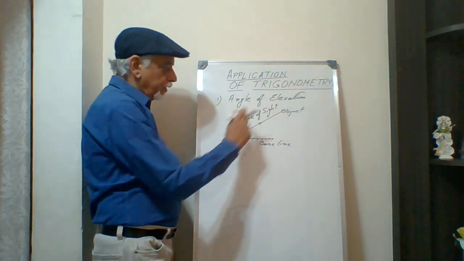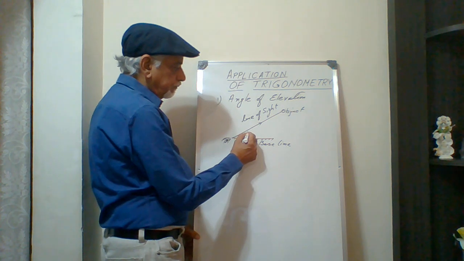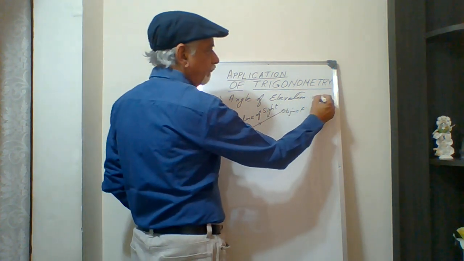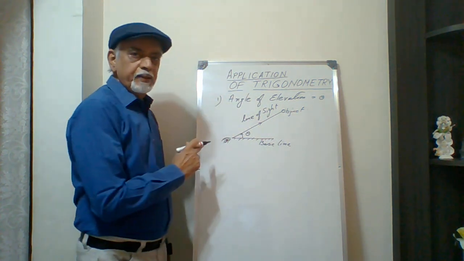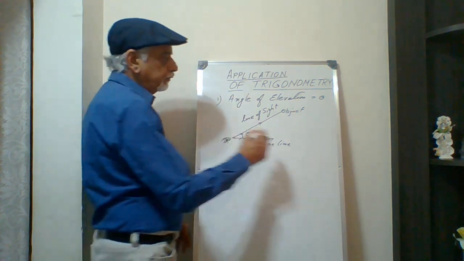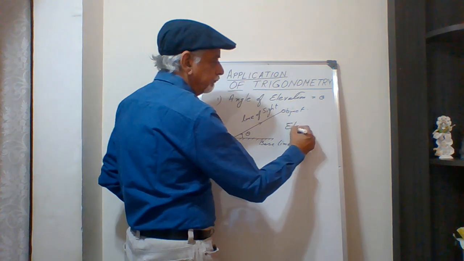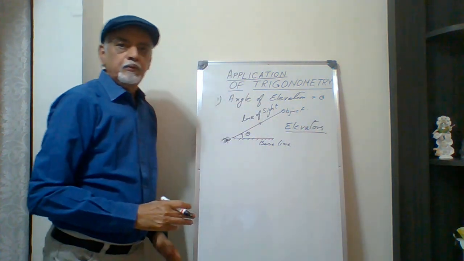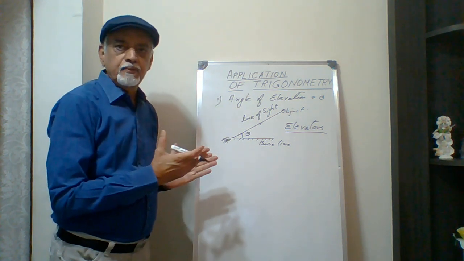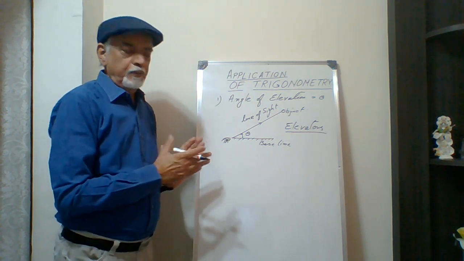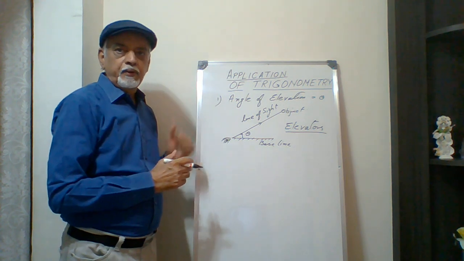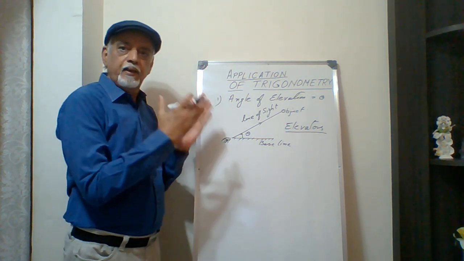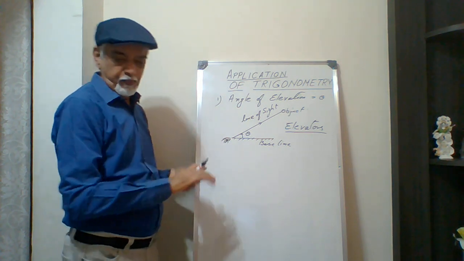We are looking up to the object. The angle covered, suppose this angle is called theta, is called the angle of elevation. To remember this, you can relate it to an elevator. Elevators are used to go up, right? So you will not have any difficulty keeping in mind what the elevation angle is. Elevation angle is related to elevator. Elevators are going up from down.